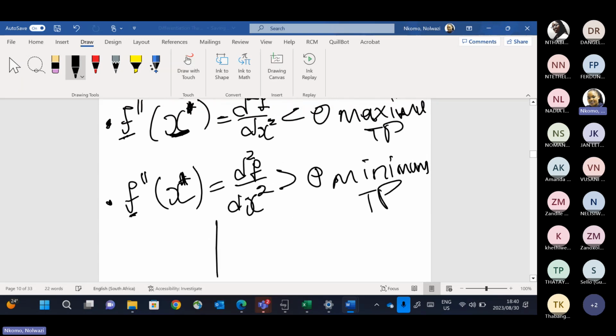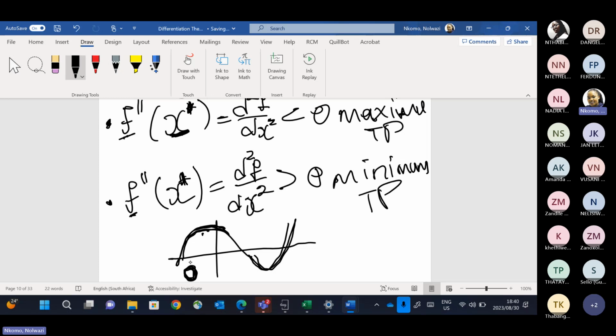This is how I always remember these two. Suppose you have something like this. Suppose you are throwing a ball from here to this part. Let's say this is just the boundary.